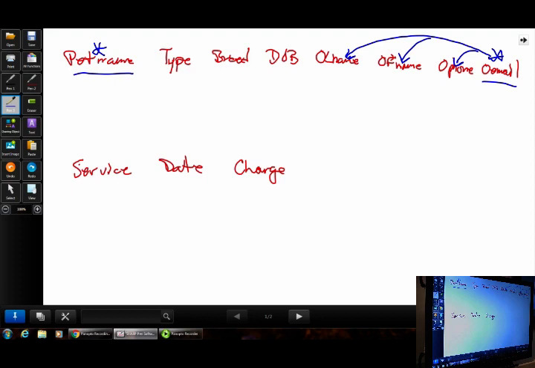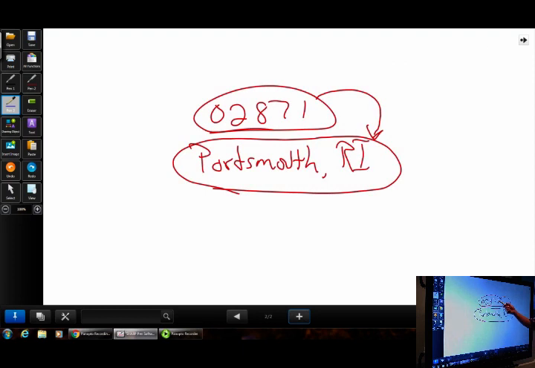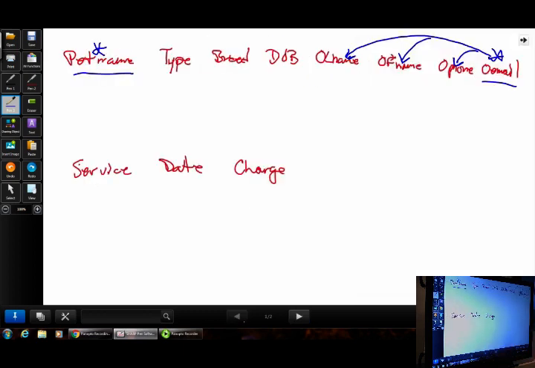Do you see how that works? So remember I said, if I have 02871, it determines Portsmouth and Rhode Island as city and state. There is no other city and state for 02871. If I have my email and the pet name Comet, that determines my golden retriever.